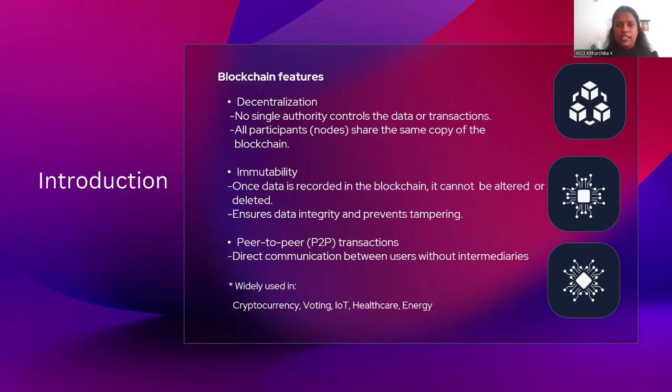The next feature is immutability. Once data is recorded in the blockchain, it cannot be altered or deleted, which ensures data integrity and prevents tampering. The last one is peer-to-peer transactions, which means direct communication between users without third-party intermediaries.